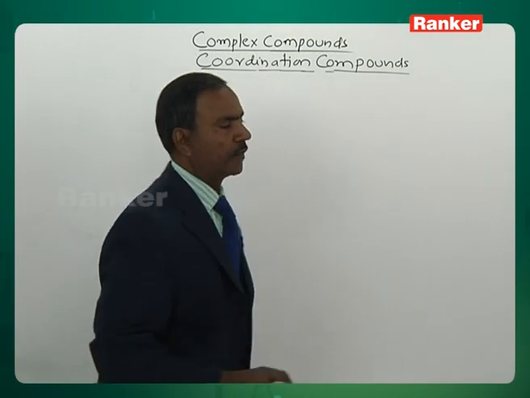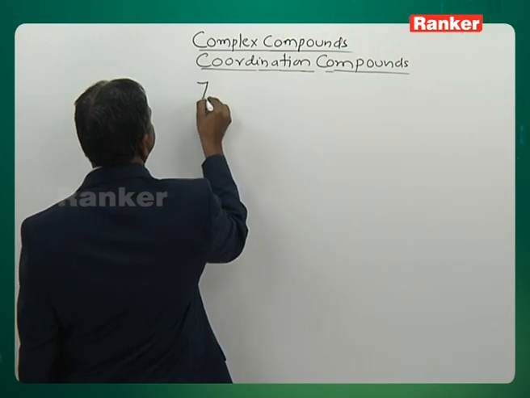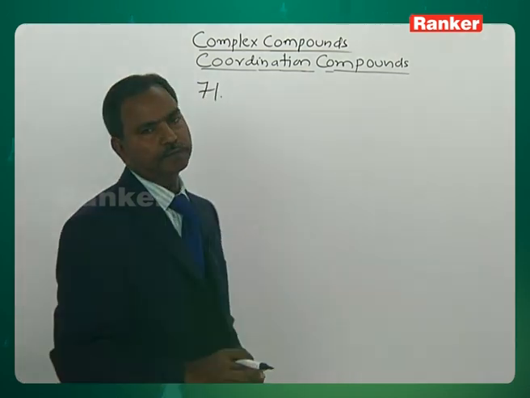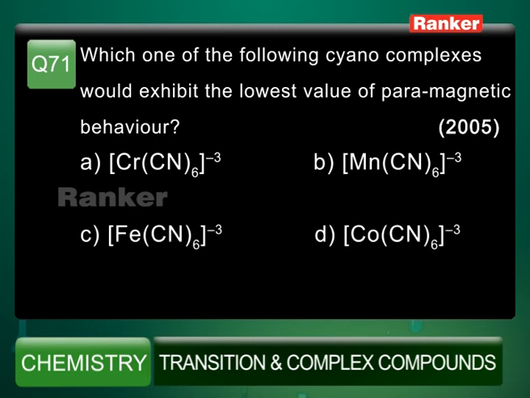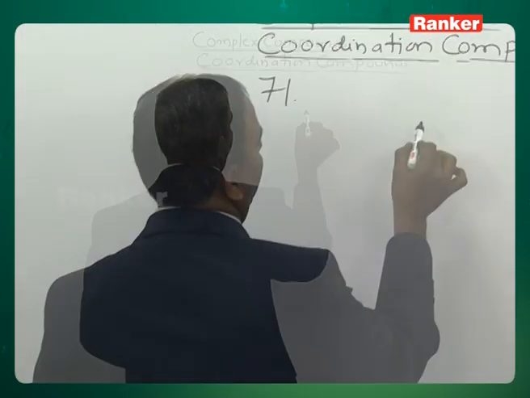Next, coming to question number 71. Which of the following cyano complexes would exhibit least value of paramagnetic behavior? Now let us take option E. [Cr(CN)6]3- is given.